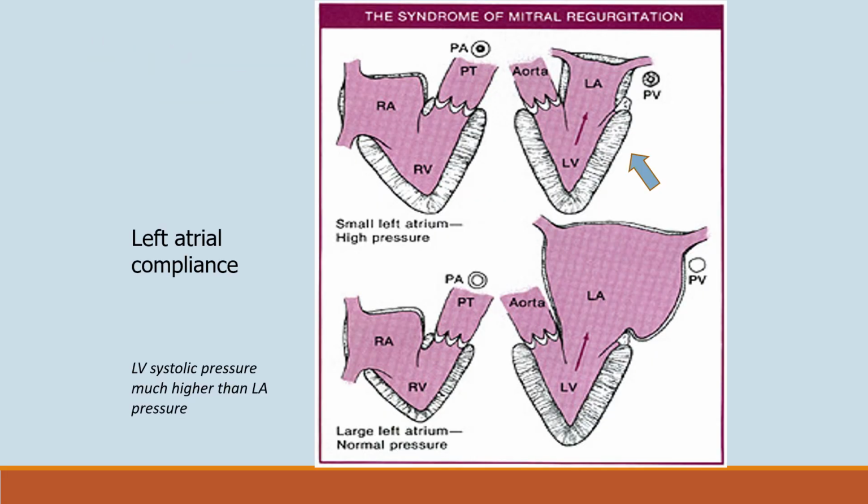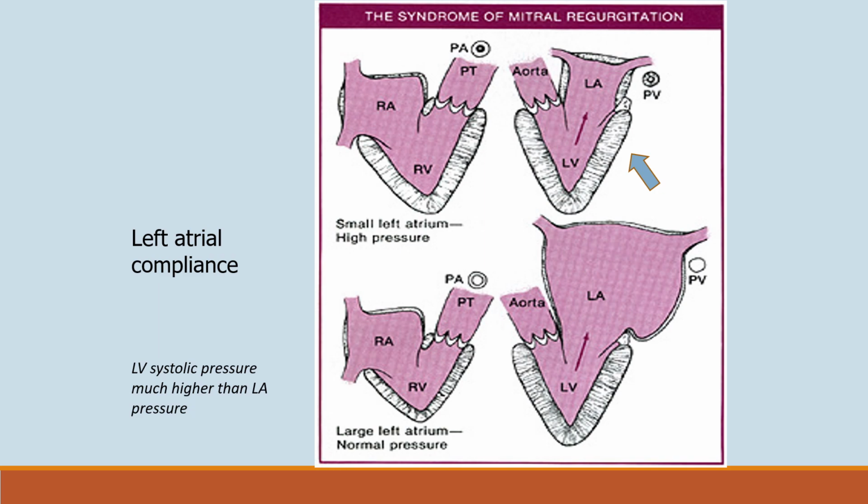Now, the counterpart of this is, suppose a patient has a small or normal sized left atrium and he develops acute mitral regurgitation, like a chordal rupture of a chorda tendini. Sometimes even the head of a papillary muscle in very rare situations may rupture.